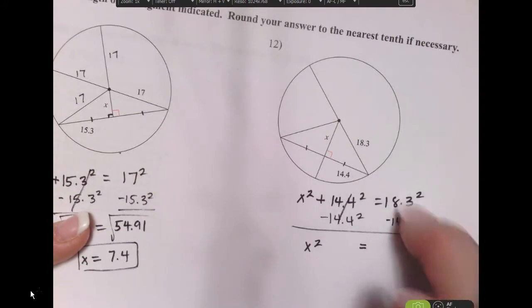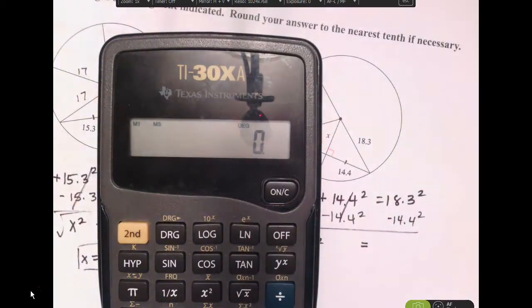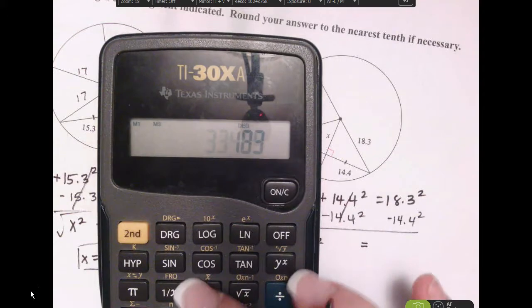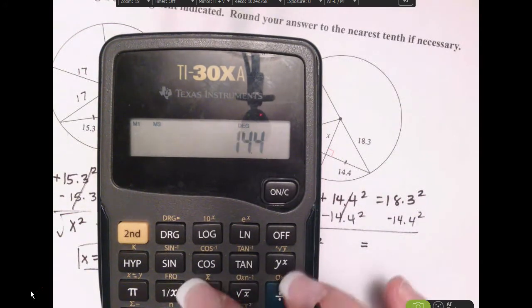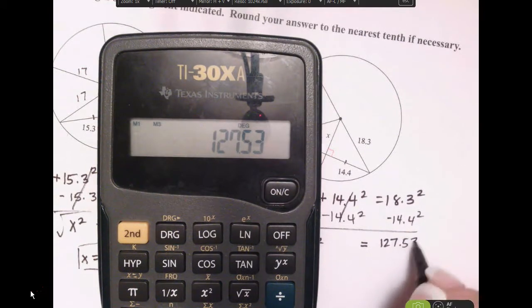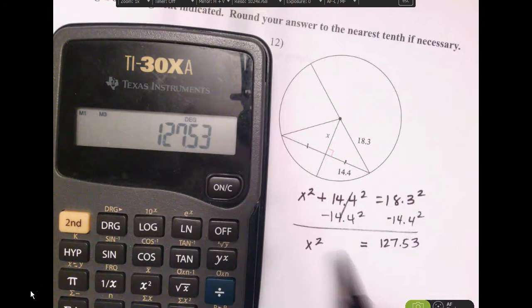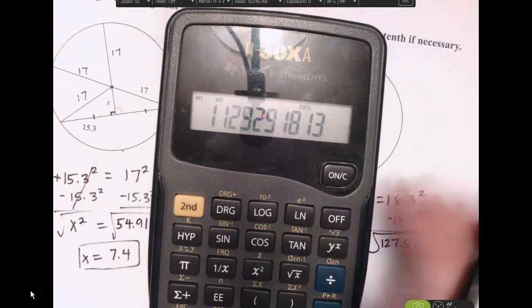I don't want to subtract 18.3 minus 14.4, because that will not give me a correct solution. I have to make sure that I square those numbers in my calculator. So I get 127.53 for x squared, square root both sides, and I get x equals 11.3.